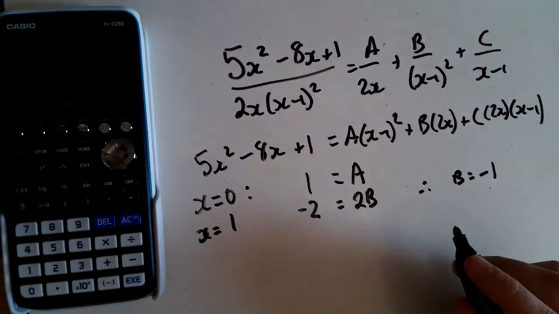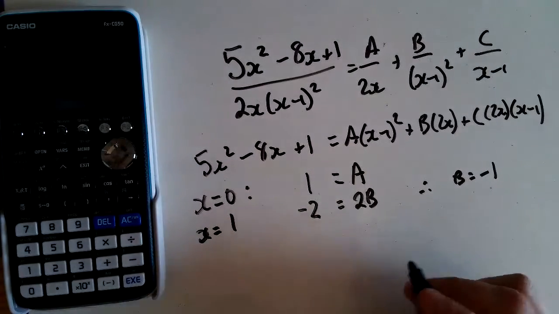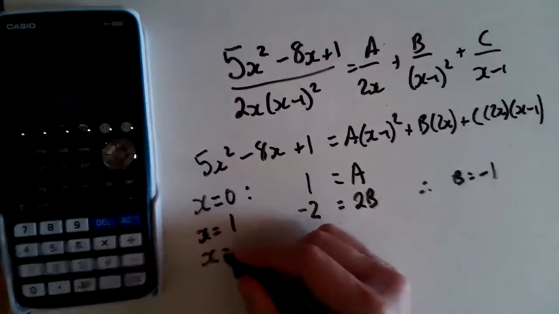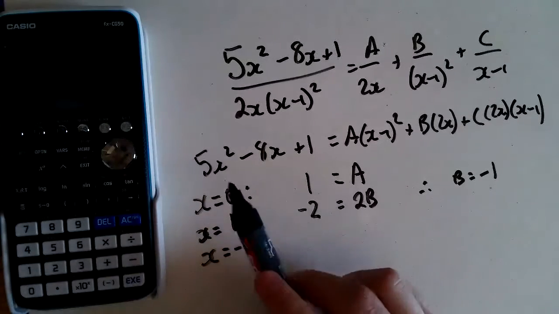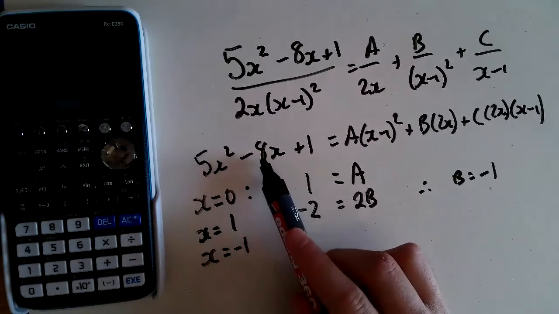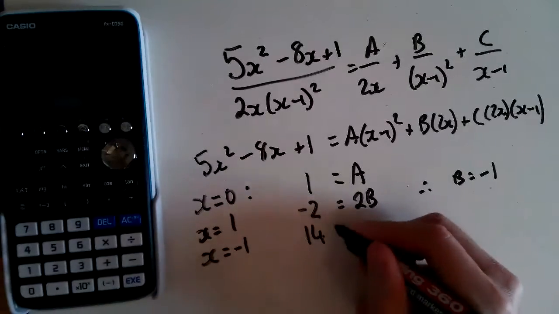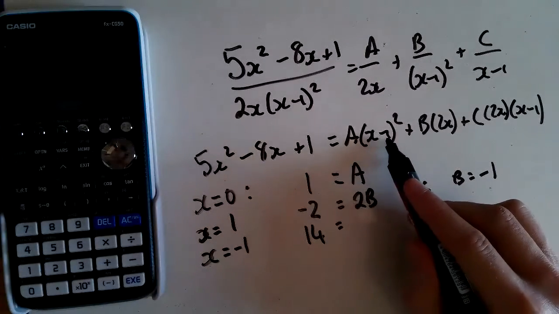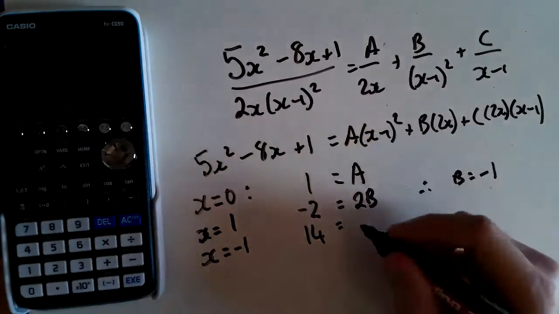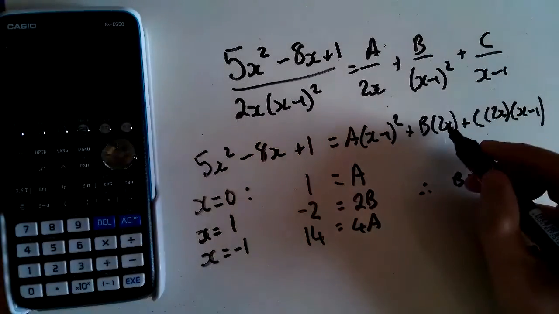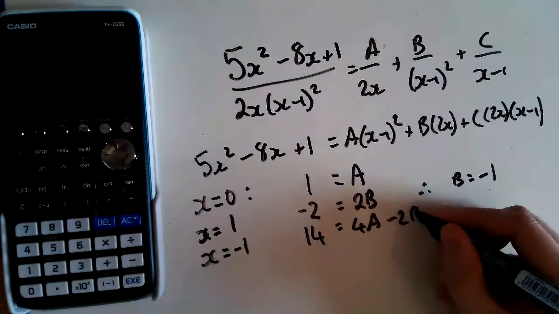And to get c, I'm just going to pick a random number. I've used 0 and 1, so I'm going to use minus 1. Why not? So I get 5 plus 8, which is 13, plus 1 is 14. Minus 1 in there gives me minus 2, squared gives me 4, so 4a. Minus 1 into there gives me minus 2b.